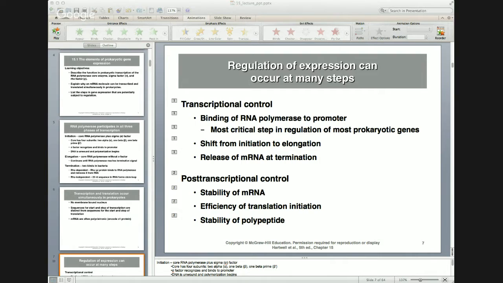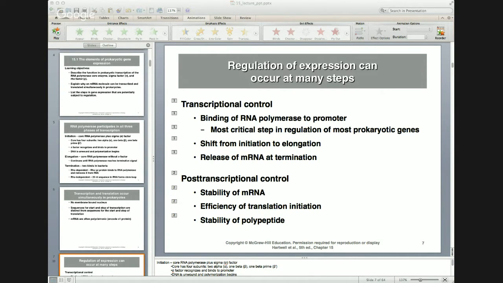Also, the shift from initiation to elongation is another area where expression could be regulated. And once the messenger RNA is made, termination has to occur. We talked about those factors involved in termination in the past. We said there's rho-dependent termination and rho-independent termination. Rho is a protein that helps to facilitate termination.